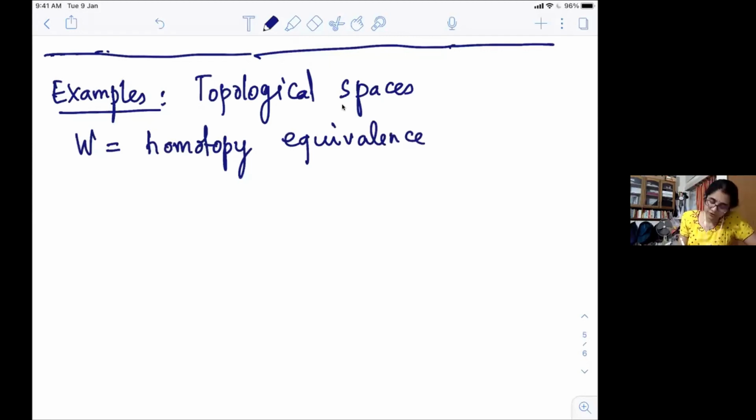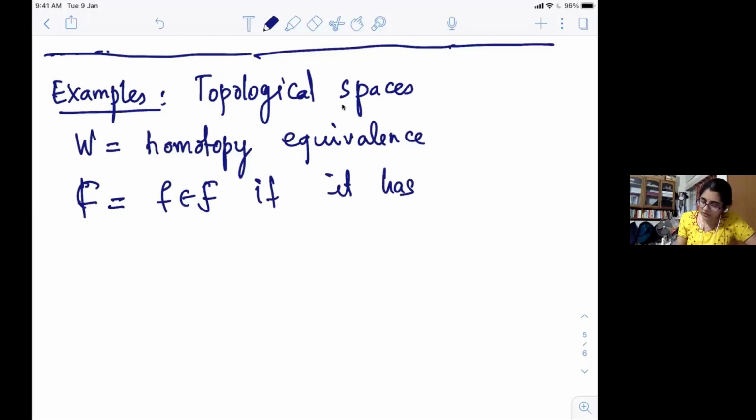A morphism is a fibration, F belongs to F, if it has the homotopy lifting property with respect to all spaces.